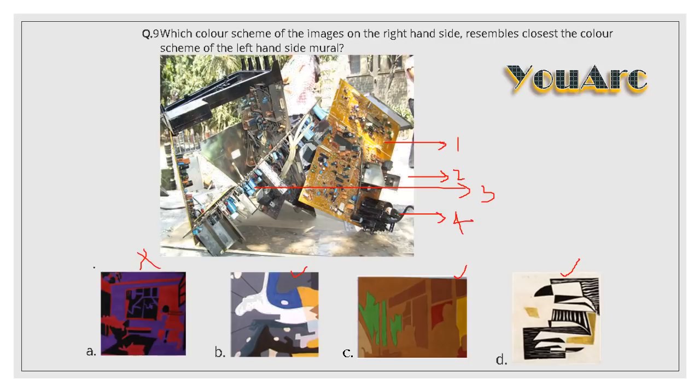So we are cancelling the option A and we have this black color that is on the fourth. So black color is available here and here. It is not there here, and we have this particular blue color here. So this particular blue color is available here, not here, not even here.